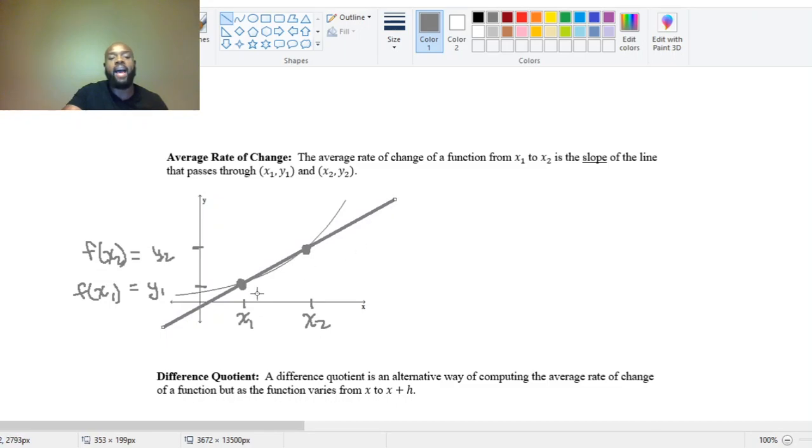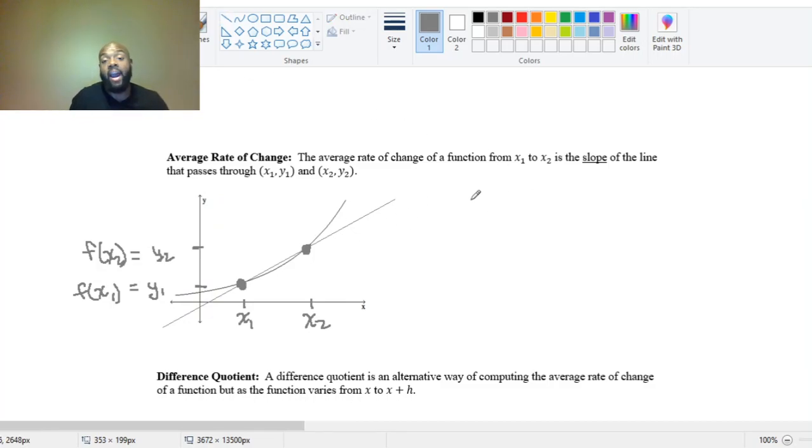So if I draw the line that passes through those 2 points, notice it's not the same slope. So you can see that the rate of change of my function is changing as I go from x1 to x2 versus when I'm using the slope of this line here. And so the average rate of change is actually the slope of that line.